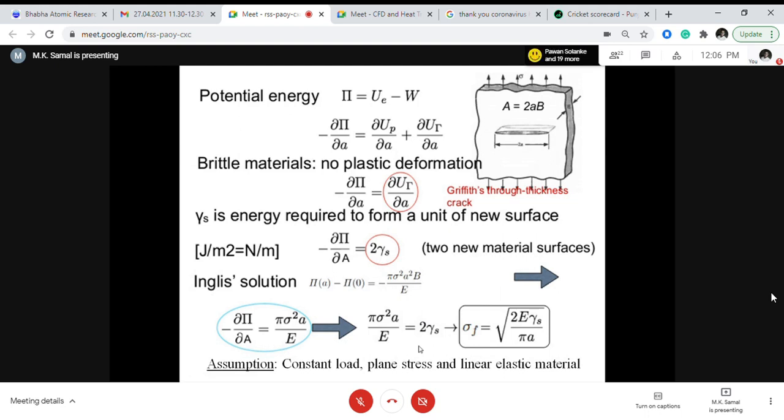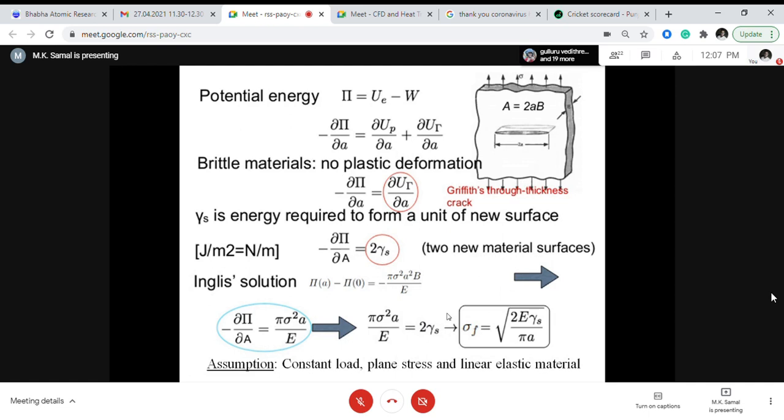has to reach a critical value for the crack to initiate, and he called it the critical stress intensity factor K1C. That is how the concept of K1C came, and through experiment you can evaluate the K1C value. If a material is brittle and you are using the concept of LEFM, linear elastic fracture mechanics, that material parameter, the critical stress intensity factor K1C, starting from mode 1, you can determine from experiment.